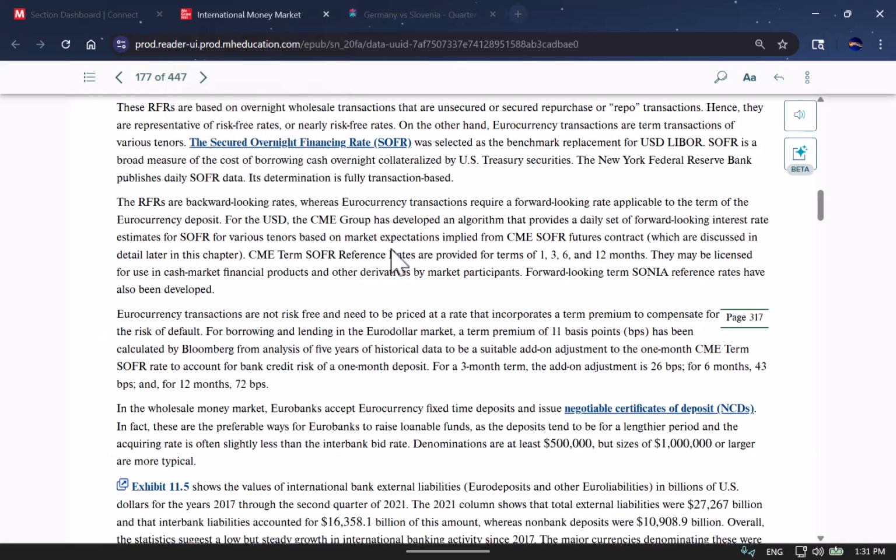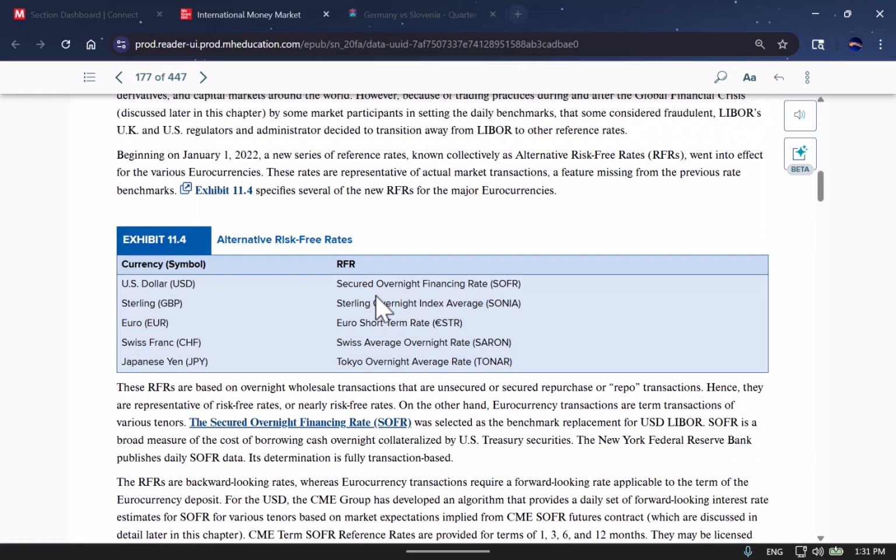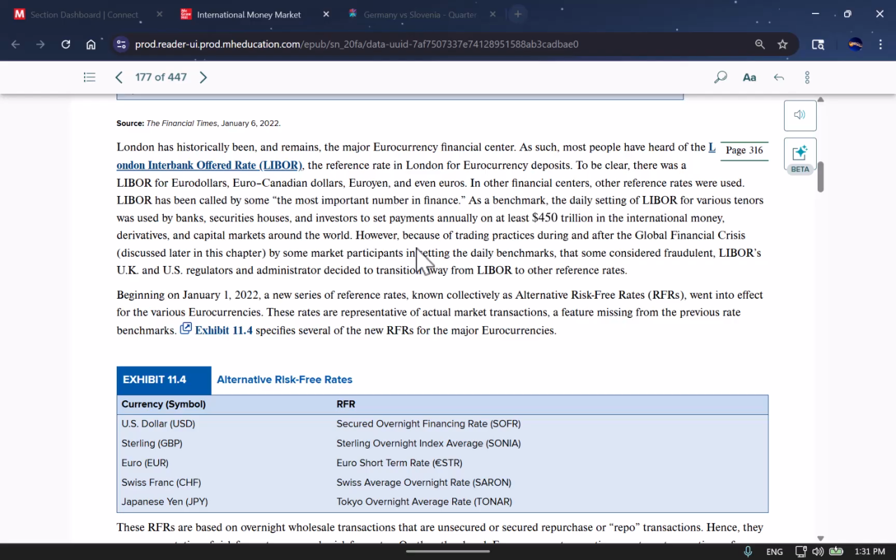We kind of got started with the euro currency market and talked about the issues with the old reference rate LIBOR. Now that it doesn't exist, there are quite a bit of alternatives.